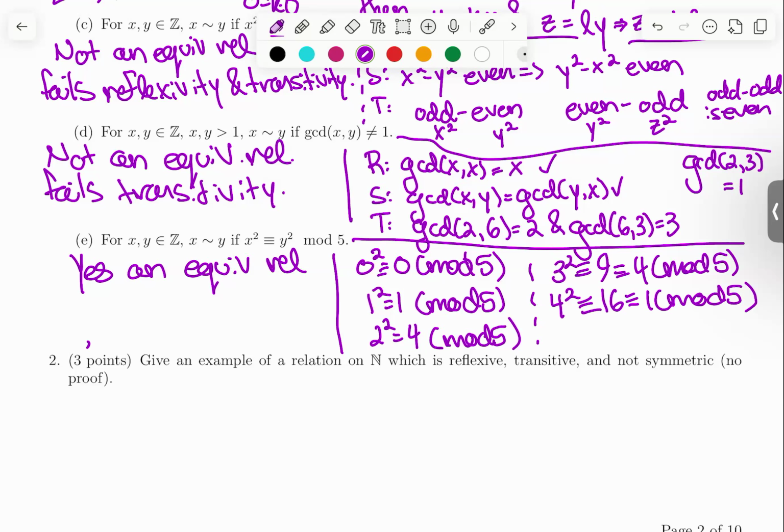Well, 0 is the only one that squared gives us 0. 1 and 4 are the 2 options that square to 1. So here in 0 we have just all integers that are 0 mod 5. Here we have all integers that are 1 mod 5 or 4 mod 5. And then in our last one, we have all integers that are 2 or 3 mod 5.